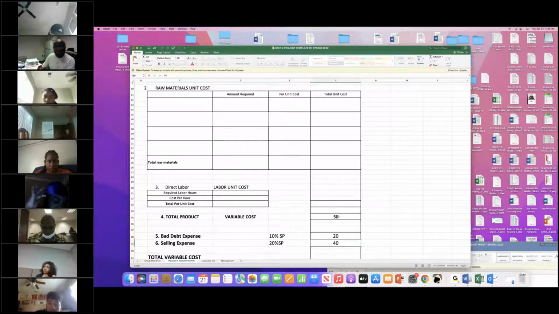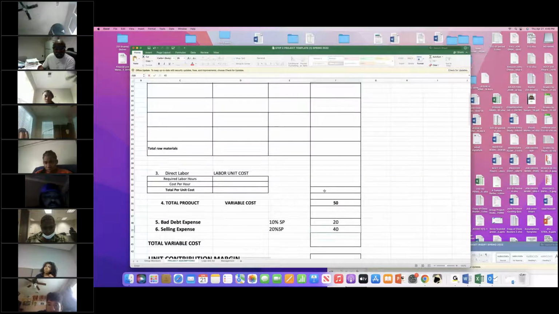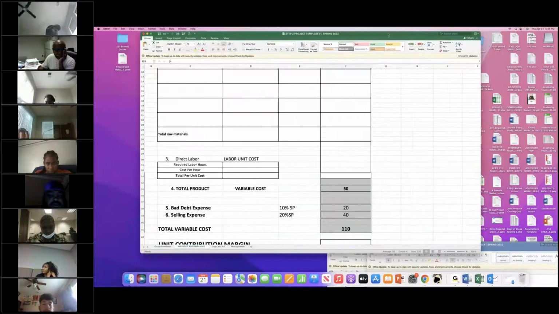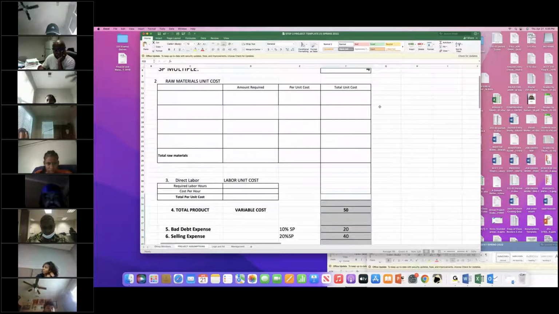So now your total variable cost will be 110. So you must have 4 items of variable cost: raw materials, labor, bad debt, selling expense. Does everybody see that?